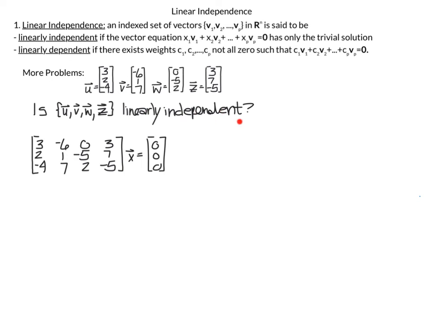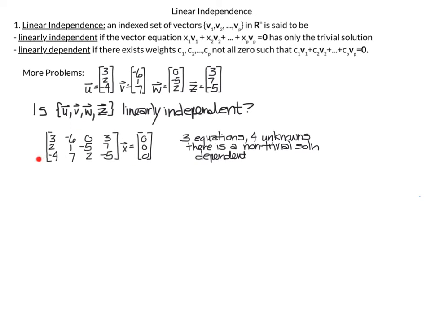To find if it's linearly independent, I want to know if there's a non-trivial solution X. Before I went on, I saw that there are 3 equations here and 4 unknowns, x1, x2, x3, x4, which means there are more unknowns than equations, so there is a non-trivial solution. So I can say, just by looking at this, that the set of 4 vectors is dependent. And that is sufficient to answer the question.